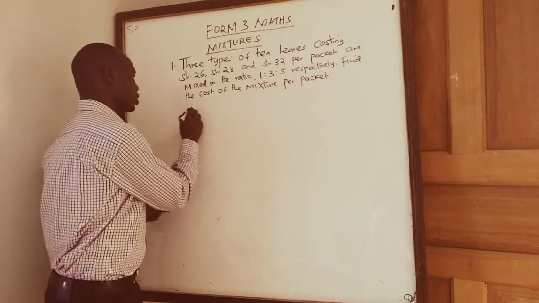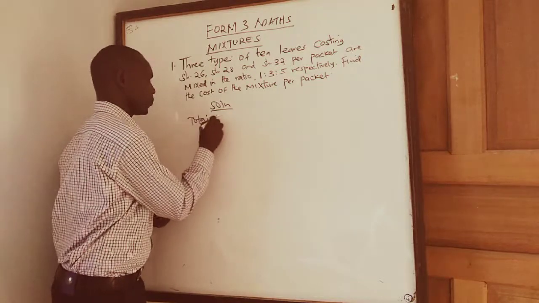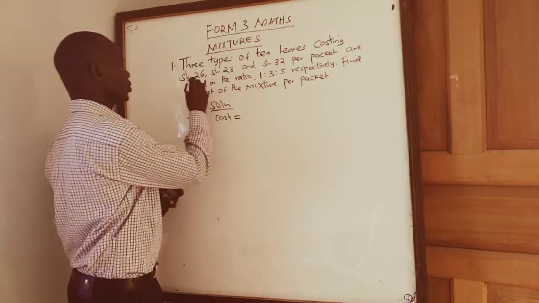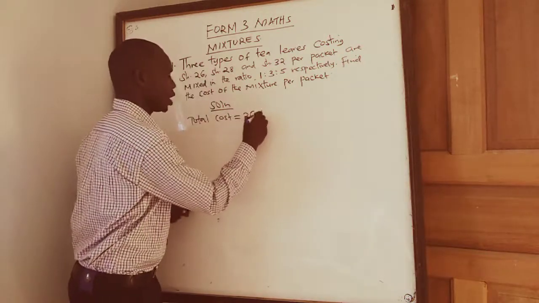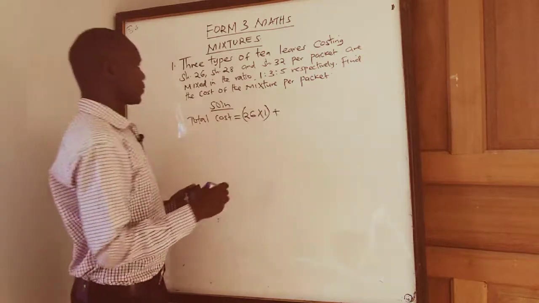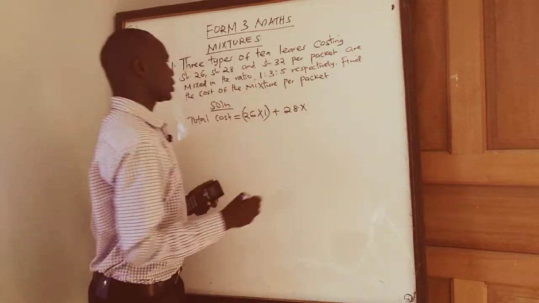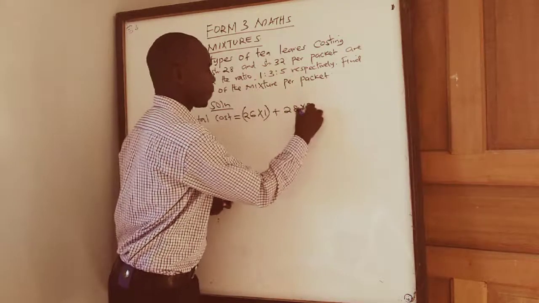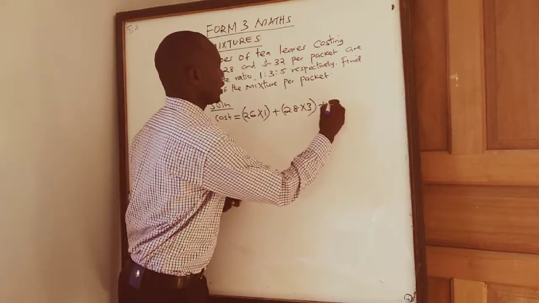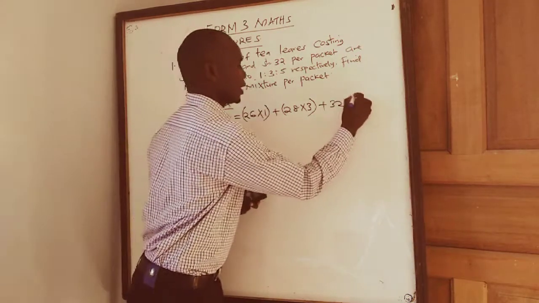So to get the total cost, let us have the solution. To get the total cost, we are going to have the first type was costing 26 and we bought 1 packet, plus the second type was costing 28 shillings, we bought 3 packets, and the last one was costing 32 and we bought 5 packets.